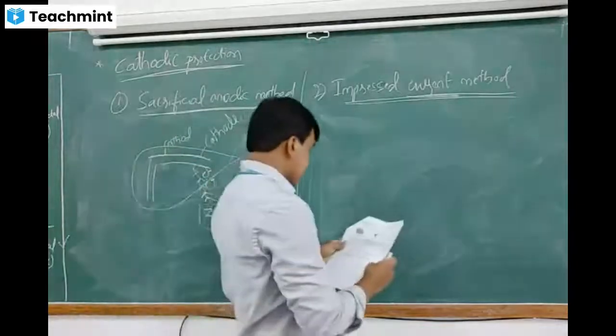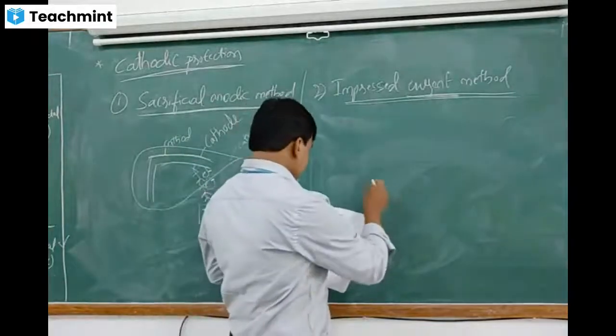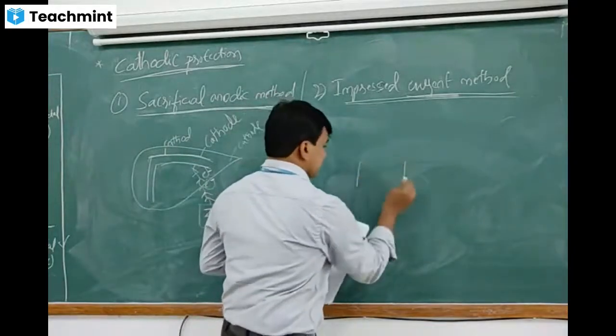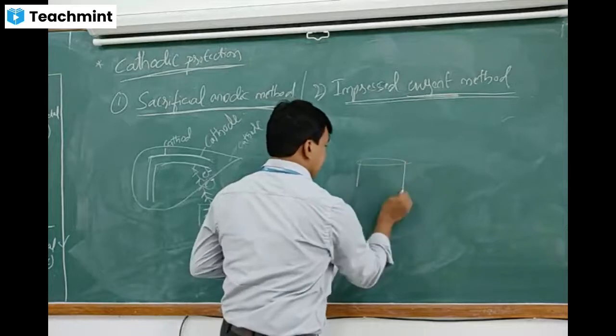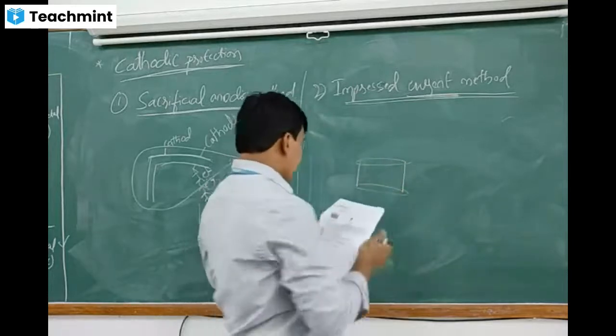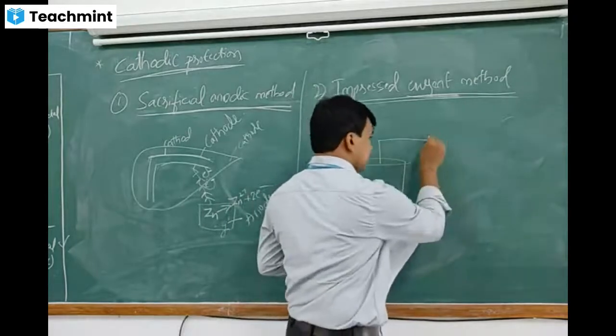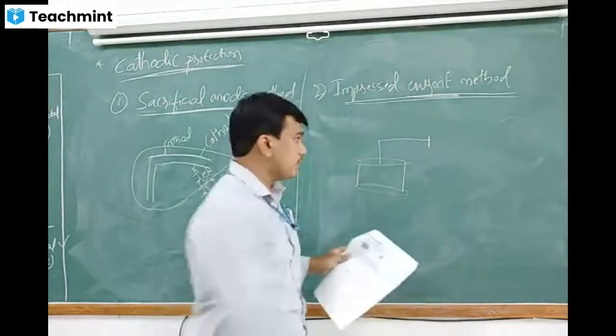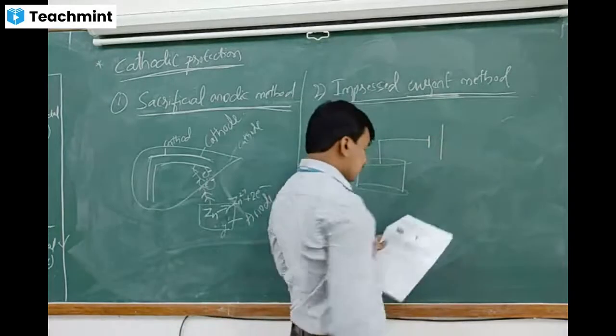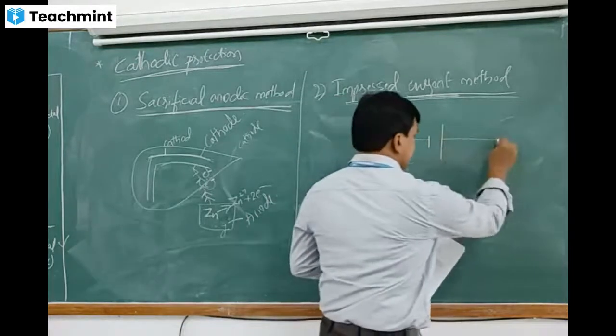I'll take an example. This is the metal which I want to protect from corrosion. It is connected to the negative terminal of the battery, and the positive terminal of the battery is connected to the anode.